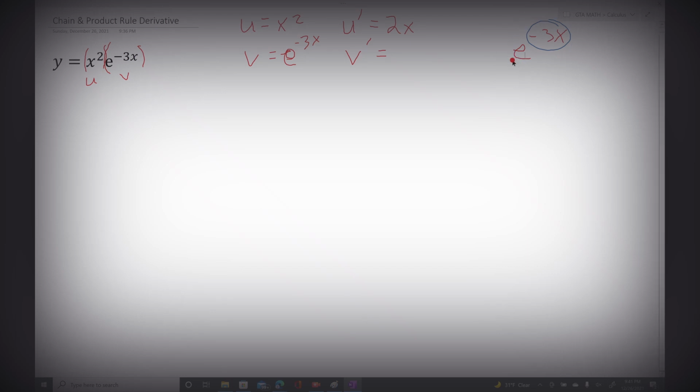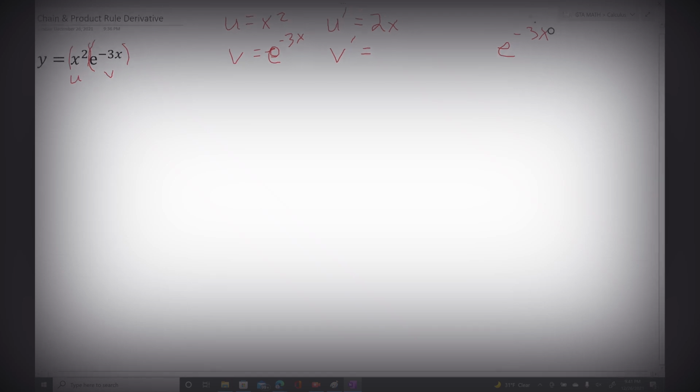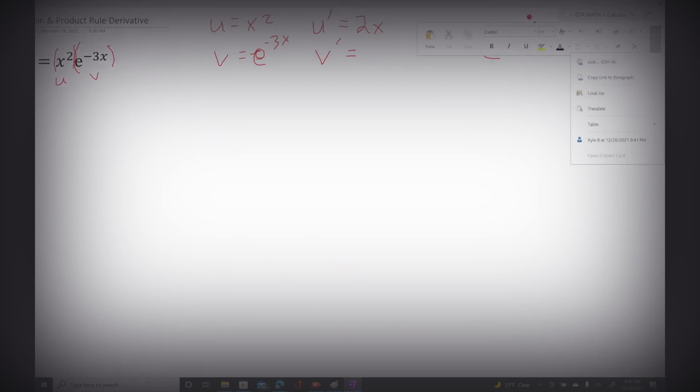So I'm going to walk you through that thought process again. We're going to take the derivative of negative 3x, which is this. We're going to bring that here in front of this function, and we're going to leave all of this the same.